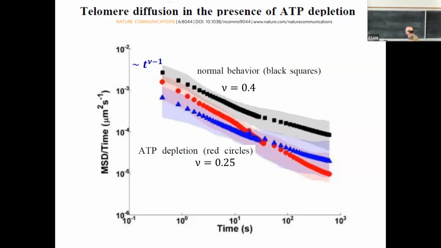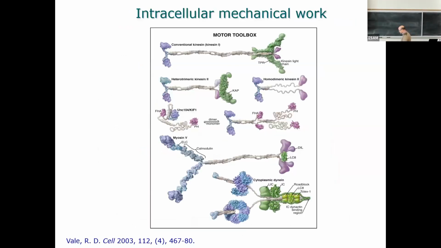This is why it's decreasing, because it's t to the nu minus 1 here. In fact, I took this from his supporting information, maybe he is not completely sure about that, but for ATP depletion there was a slightly different exponent, so maybe it's not so general, or there was some issue with the experiment. Anyhow, it's different cells. So biology is like that.